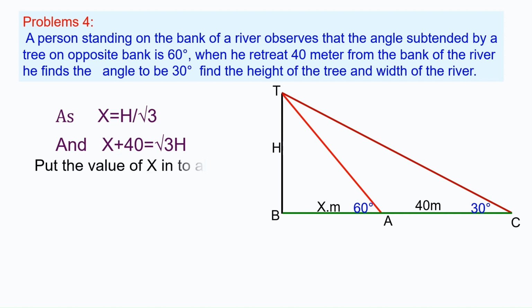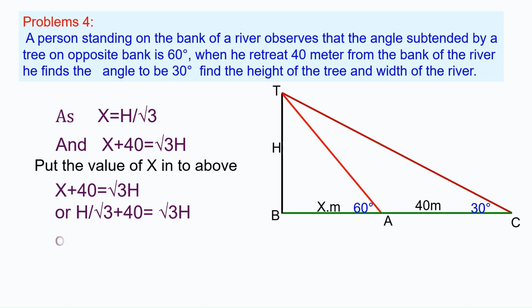Put this value of x, that x equals h divided by root 3, in the equation x plus 40 equals root 3 times h. We have root 3 times h minus h divided by root 3 is equal to 40. Multiply all by root 3.